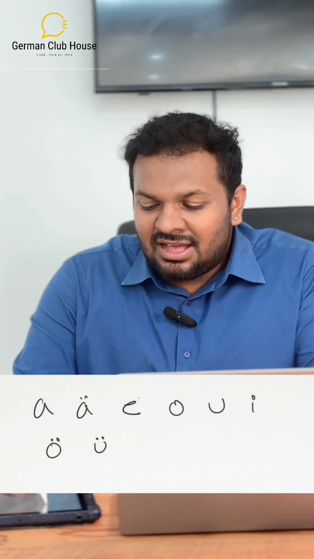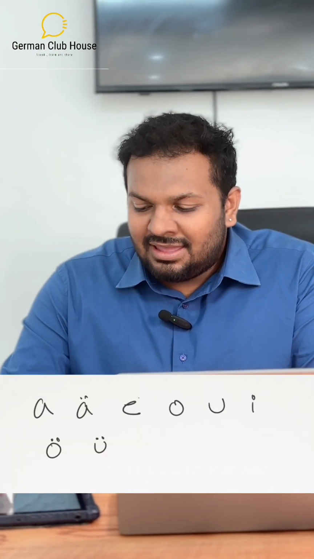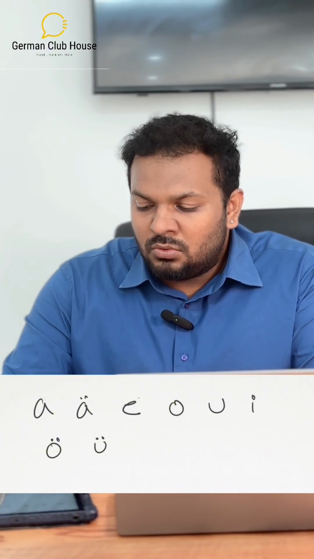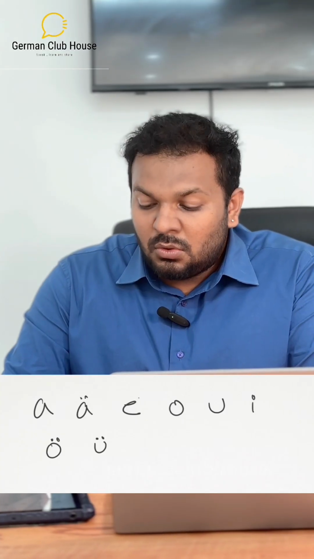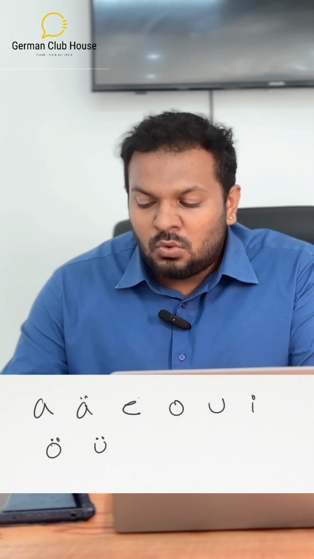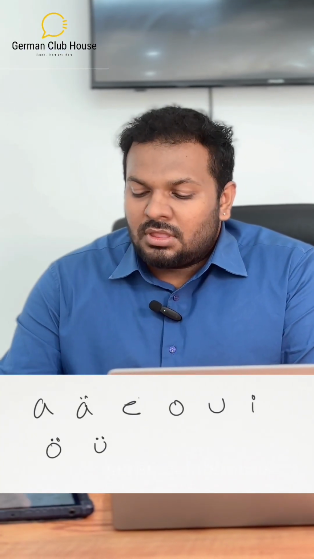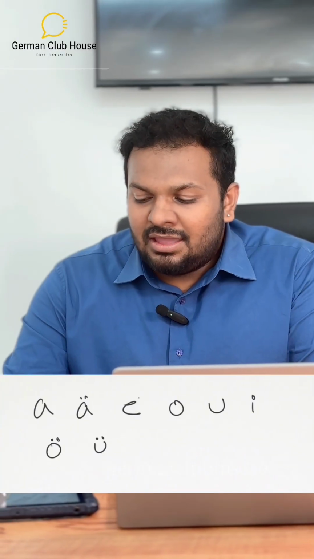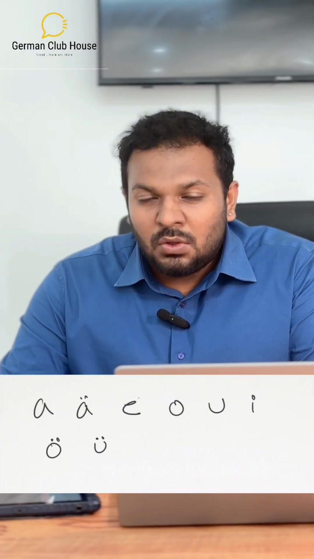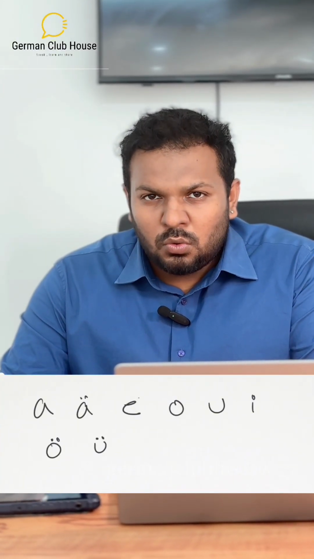Let me put it all together. So let me write down: this is A, E, O, Ö, U, Ü.